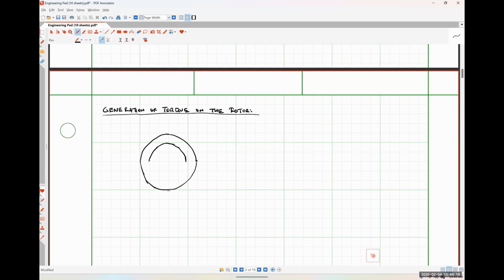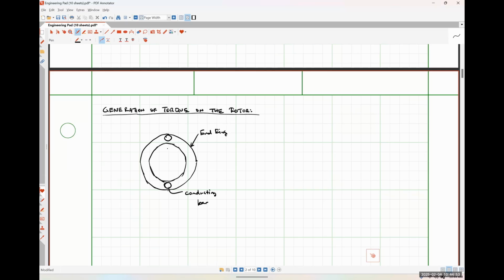So here's our end ring that we talked about previously. And our end ring is what is used to both mechanically and electrically connect the bars that form our squirrel cage rotor. So I'm going to put one conducting bar here, and I'm going to put another conducting bar here. So let me just put a note here that this is now representing a conducting bar.